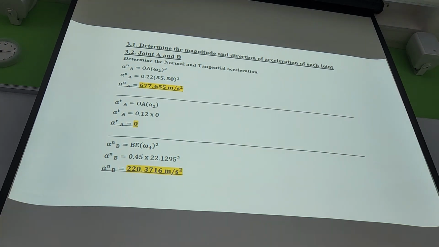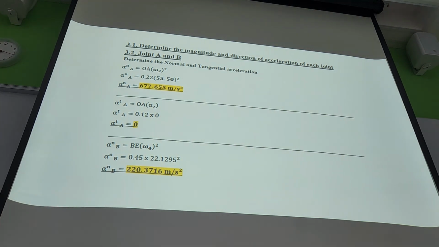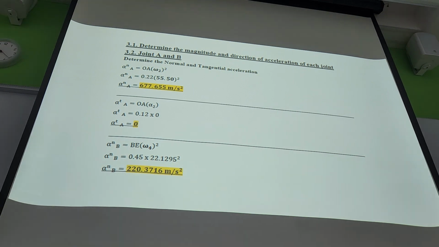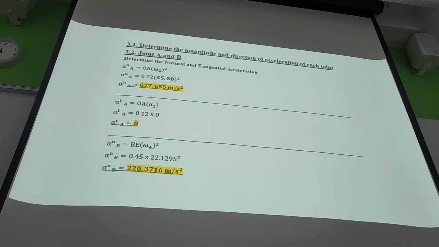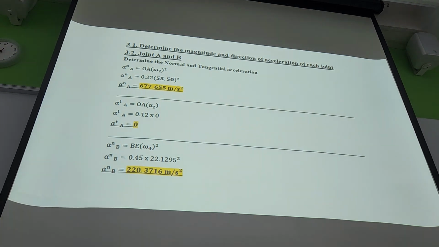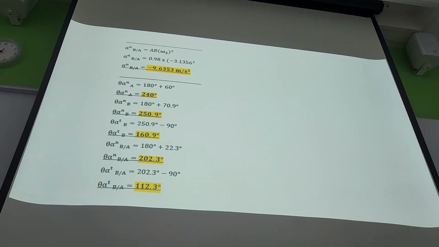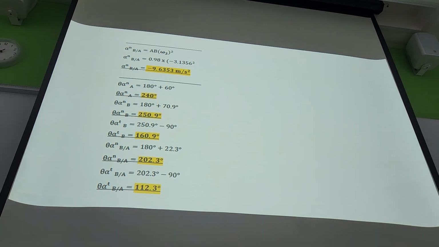Now for the normal component of point B, point B is on link 4, so you can calculate it as B into omega 4 square. So you know the magnitude of the normal component of point B. Then you can calculate the acceleration BA normal component.